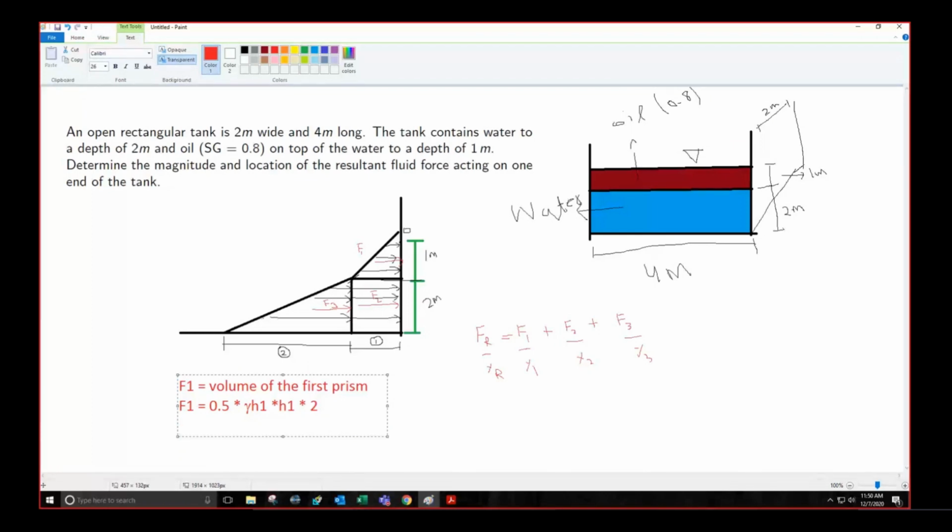Yes sir. So F1 equals to 0.5 multiplied by gamma, which is 0.8, because specific gravity multiplied by the specific weight of the water, which is 9.81 kilonewtons per meter cube. Multiply by H1, which is 1, multiply by again H1, which is 1, and then multiply it with 2. Clear?